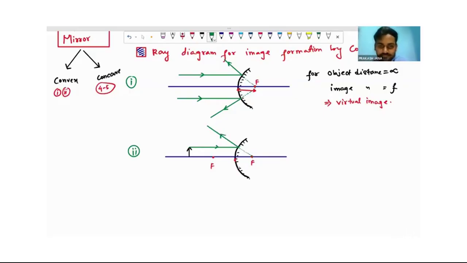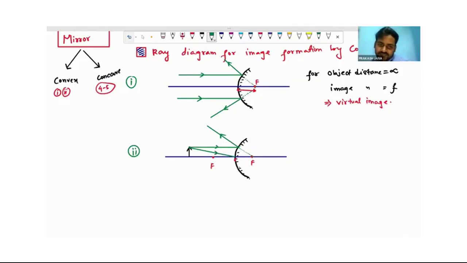Now, as you know, we need at least two rays to draw the ray diagram. So we take another ray which comes from the tip of this object arrow, and suppose this is incident at the pole.